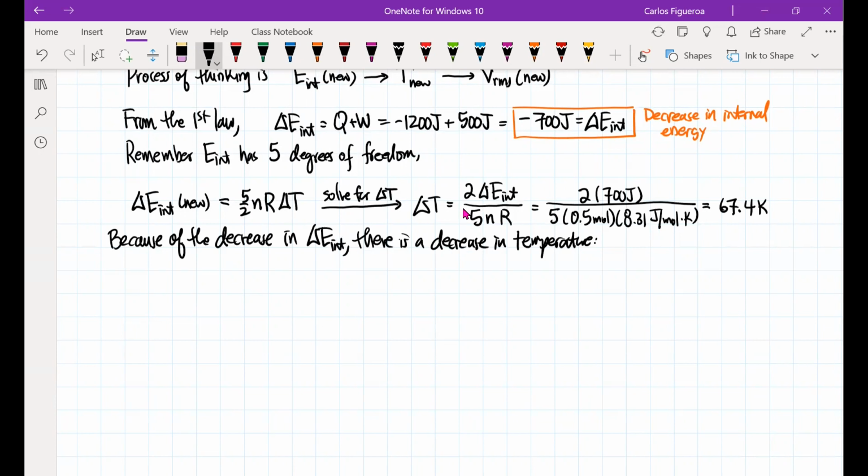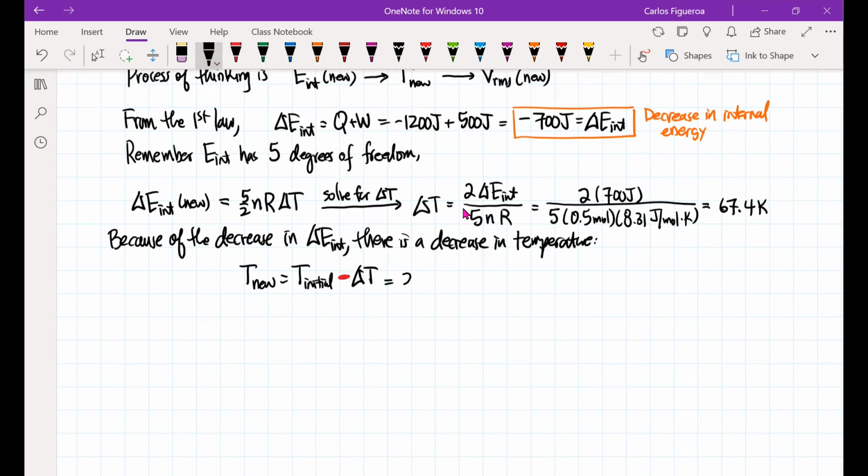So I'm going to say here that the new temperature is going to be the initial temperature minus the change in temperature. Remember, I'm putting in this minus here by hand because I knew that had to be the case.